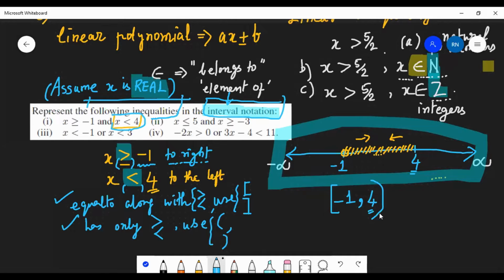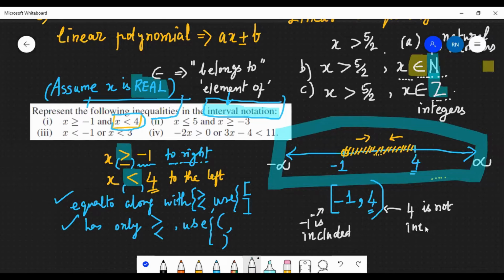We call it a parenthesis. This is a square bracket. This is your parenthesis. So this implies -1 is included in the answer, and the rounded parenthesis bracket implies 4 is not included in the answer.